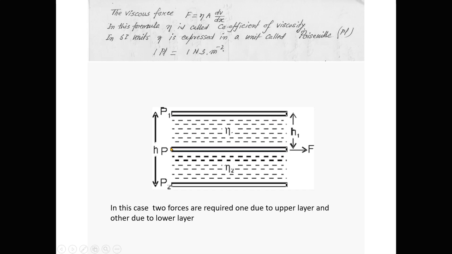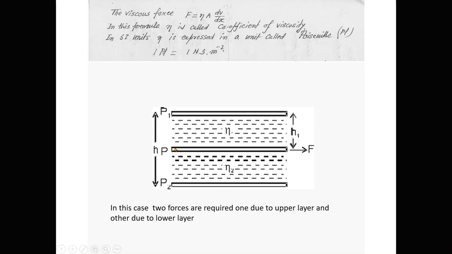If we consider this pipe, this is eta 1 and this is eta 2. There are two types of liquids. The upper half is filled with liquid of viscosity eta 1, and the lower half with eta 2.